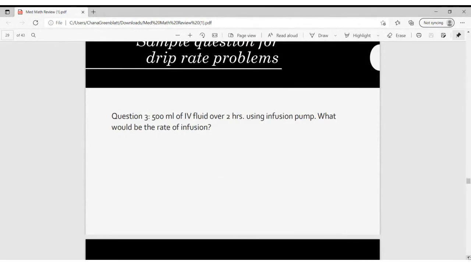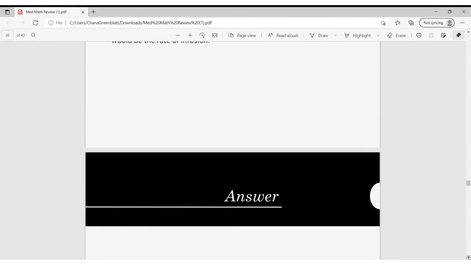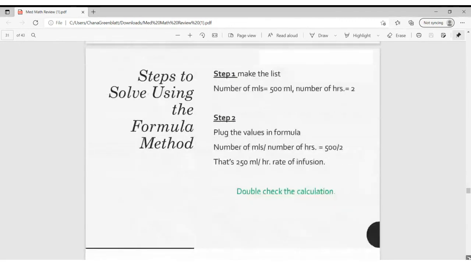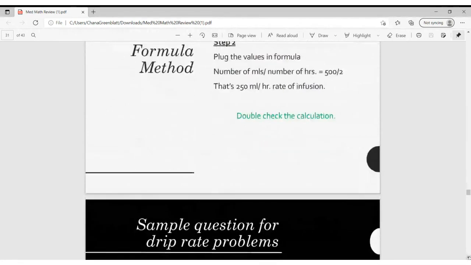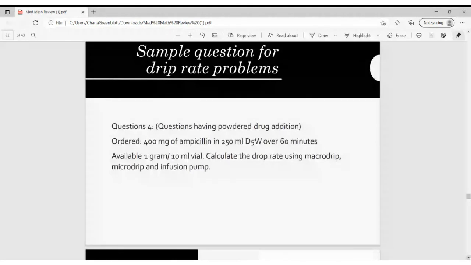Okay, so we're not going to go through the next question, but just see here where it says 2 hours, you got to multiply that out and you're going to get 120 minutes. Do keep in mind here, these are trick questions.